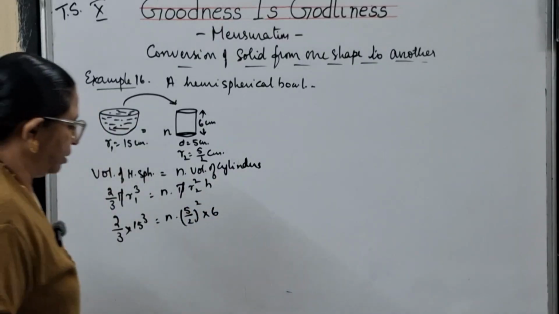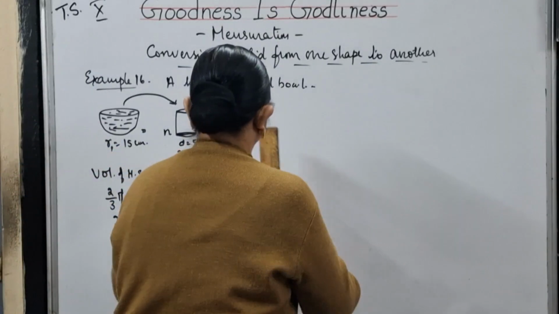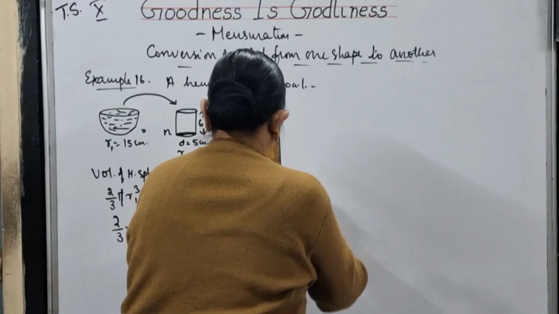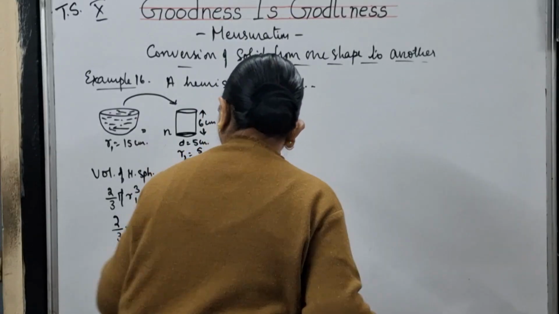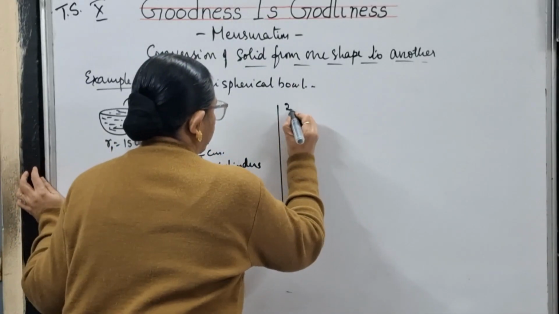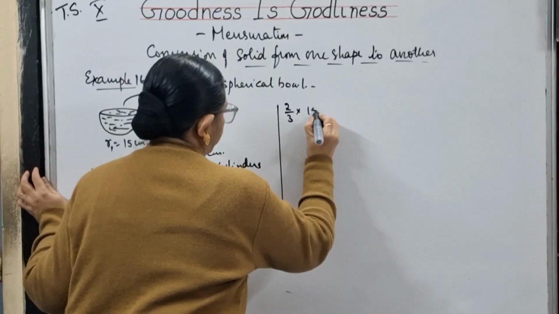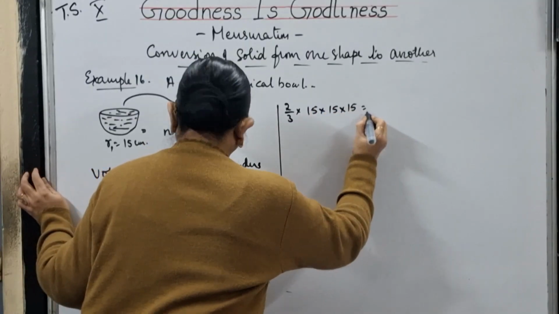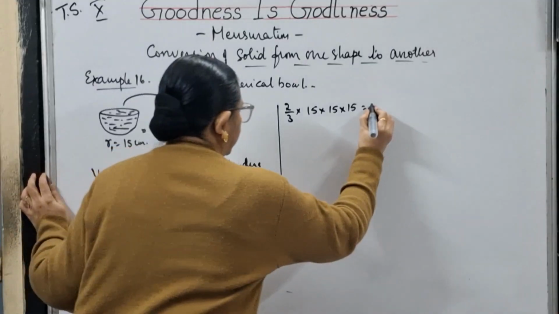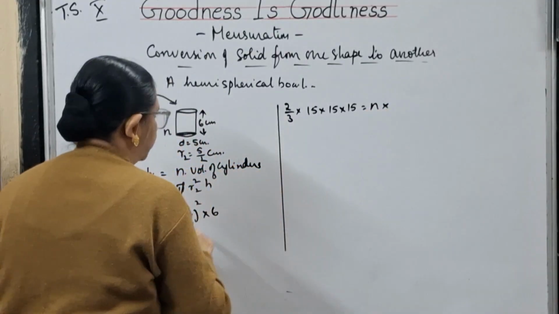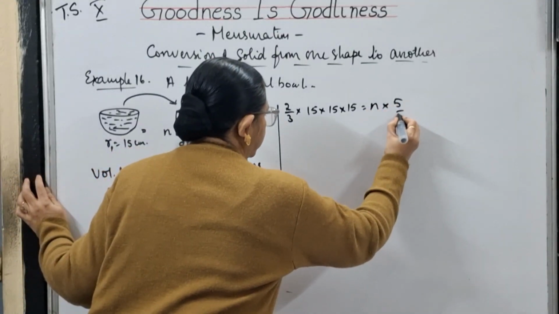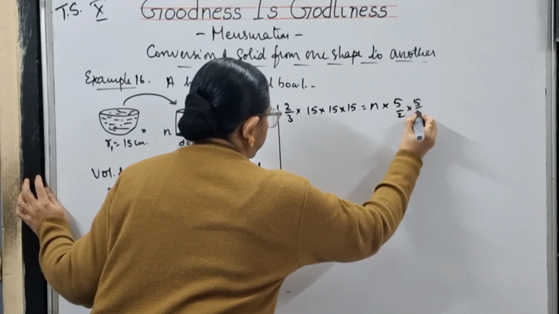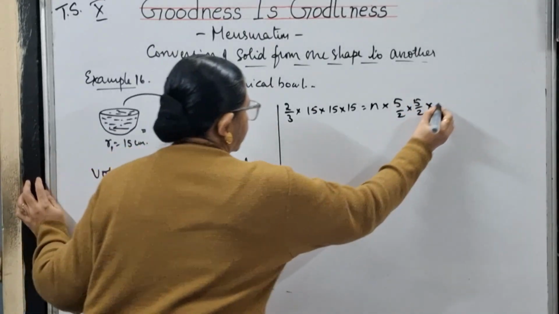So let me continue this. This can be written as 2 by 3 into 15 cube, that is 15 into 15 into 15, is equal to n into 5 by 2 whole square, that is 5 by 2 into 5 by 2 into h, which is 6.